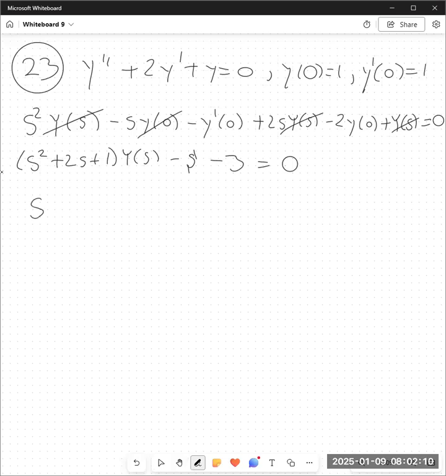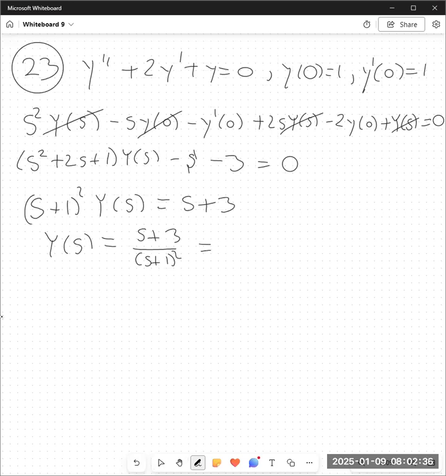So we have s plus 1 quantity squared times capital Y of s is equal to s plus 3. Capital Y of s is equal to s plus 3 over s plus 1 quantity squared.